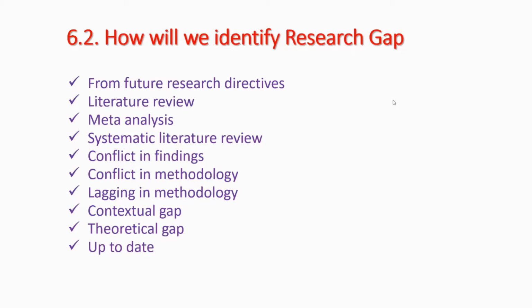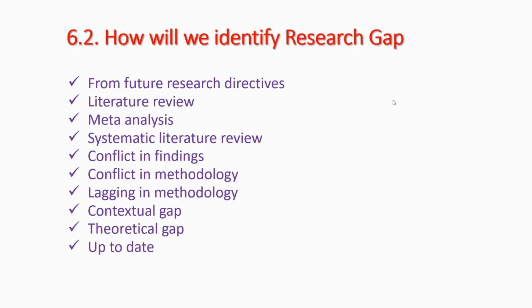Suppose they used a first generation data analysis tool, and non-random sampling was used. So you can use systematic random sampling, probability random sampling. So there might be a lot of lags in methodology. So you can consider that as the gap.